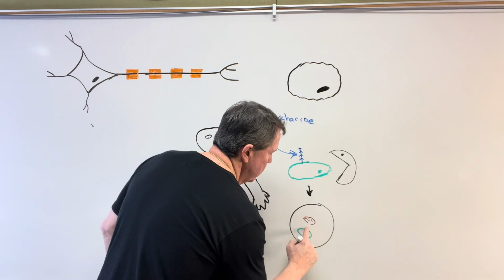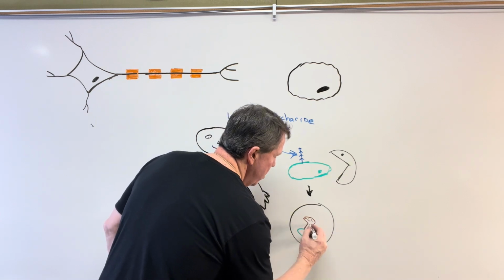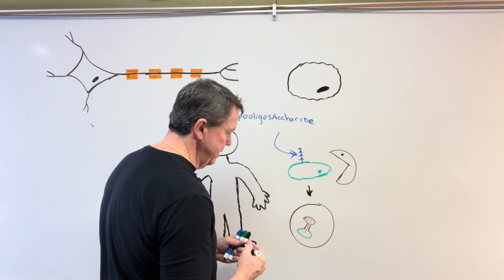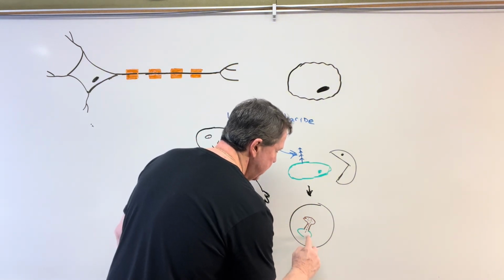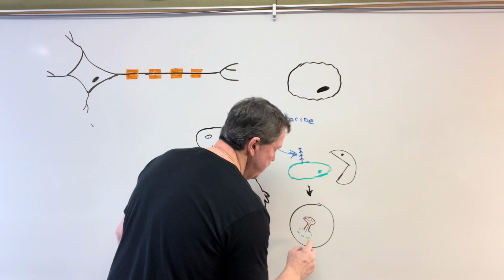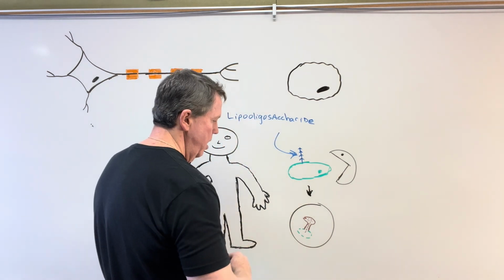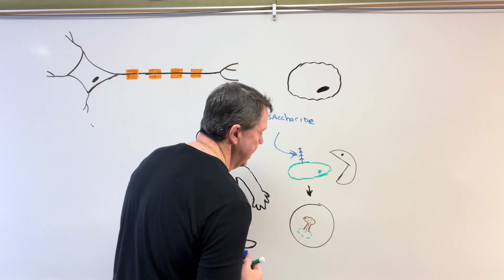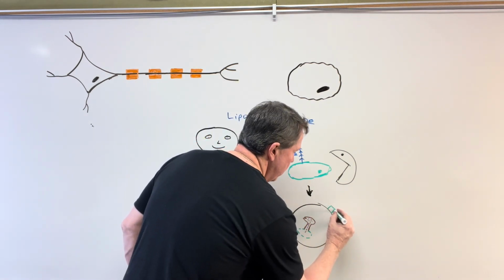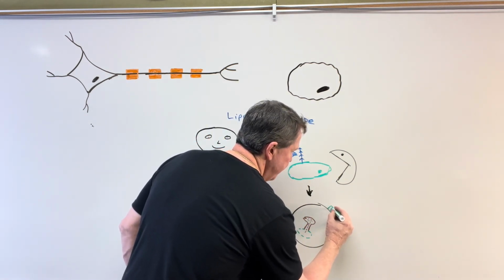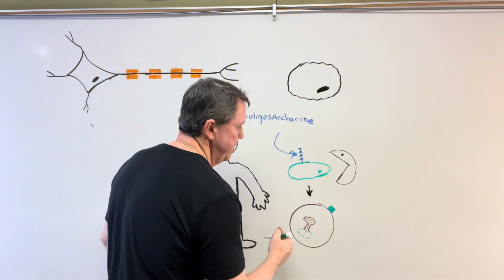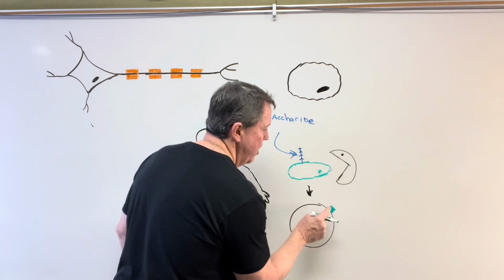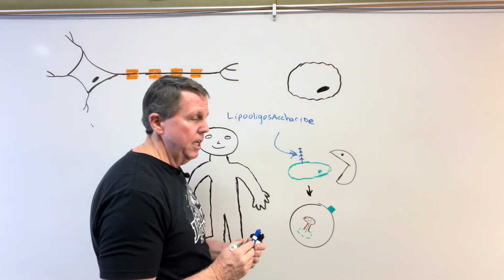It's basically going to connect with this and release these hydrolytic enzymes into there. When it does, it's going to cause this to break down. Then the macrophage is going to take a piece of this and put it on its cell membrane. This is called an antigen-presenting cell because it took part of the thing that's causing the immune response and is presenting it on its cell membrane.